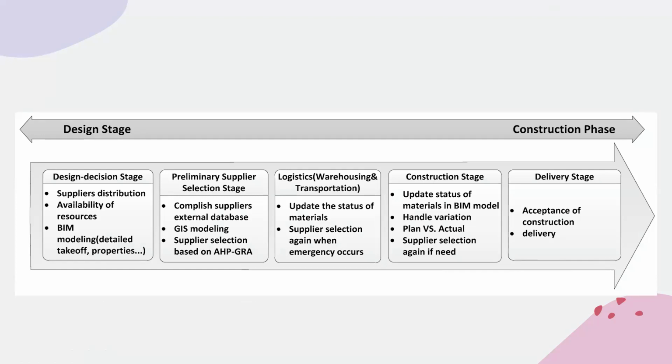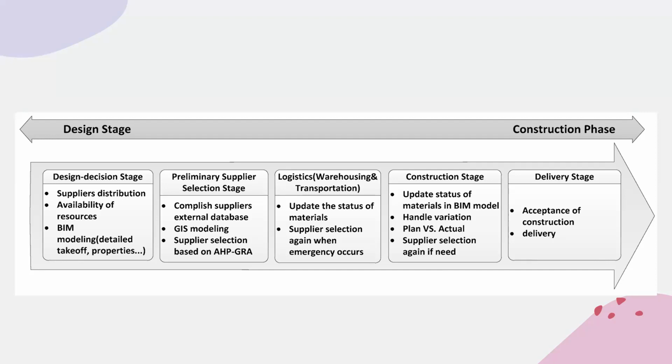Then only we are moving into the logistic part, how to store them, warehousing and how to transport them, the transportation part. Then only we are moving to the construction stage and the delivery stage. This is how a particular construction work is done from design stage to the construction phase.